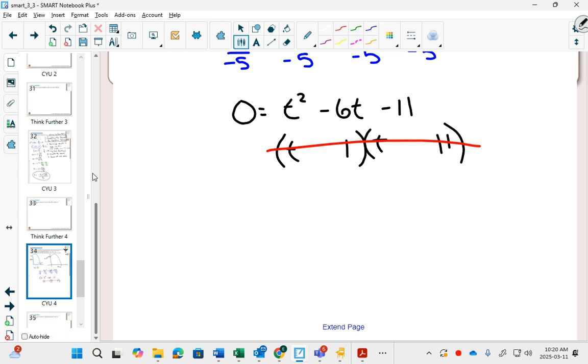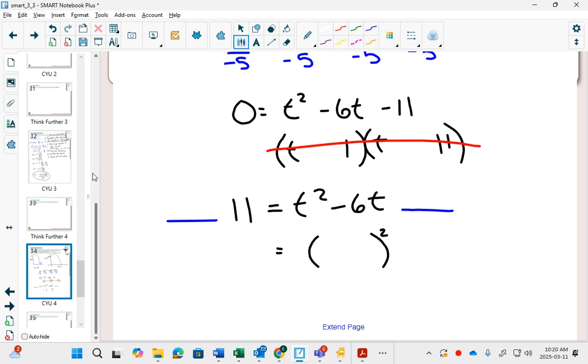What was the idea for completing the square? I'm going to move the 11 to this side. I'm going to put a space here, and then I'd have to put a space here. And the minus 6 is my hint. If I FOIL this out, my outside and inside to get a minus 6 has to be a minus 3.